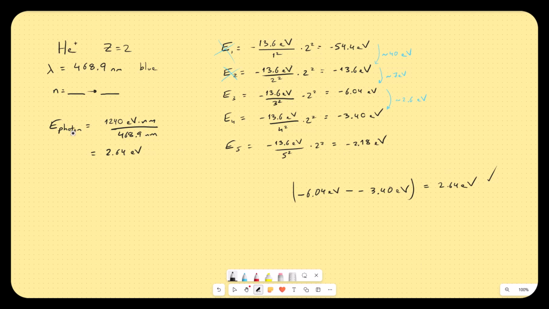This photon that I'm seeing must be from my n equals 4 to n equals 3 transition if it's an emission, or 3 to 4 if it's an absorption. That's how I would do these problems.